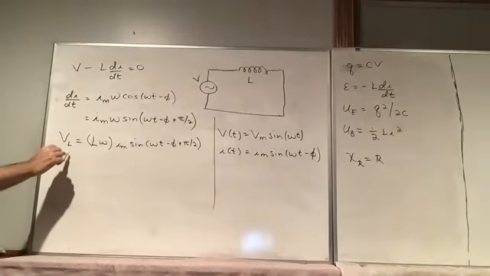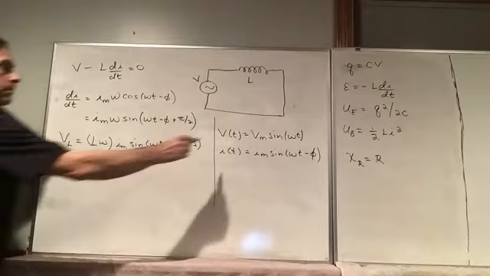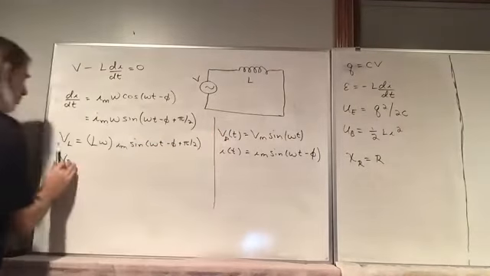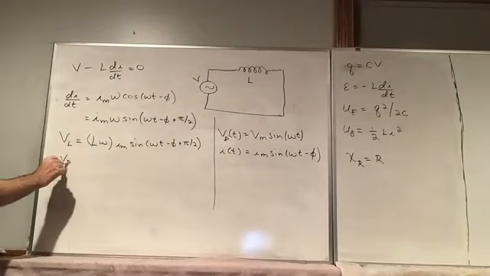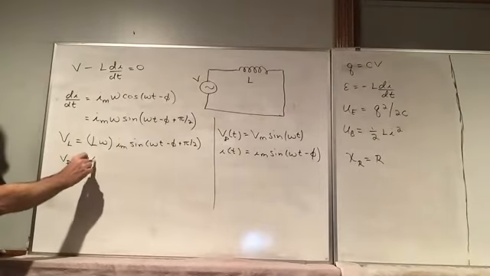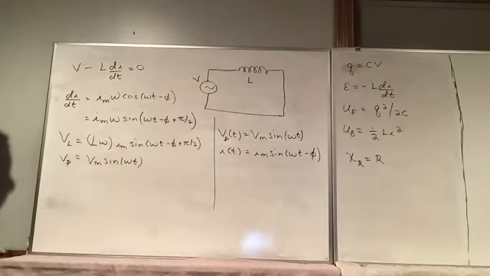And here we have the voltage for the power supply. It's not a battery, it's alternating current. Let's just say power supply. That's Vm sine omega t.